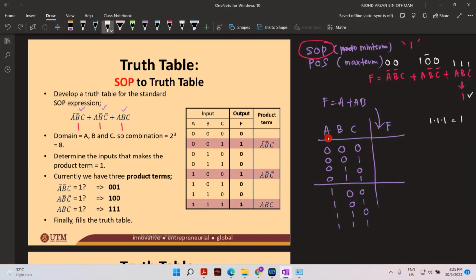B pun kosong. C 1. Sebabnya bila kosong bar dia akan jadi 1, and with 1 kamu akan dapat 1. So 0, 0, 1. That's why kita dapat macam ni. So this is the combination yang kita kena buat. From here kita dah dapatkan combination, so barulah kita match kepada truth table. Kamu tengok ni 001. So 001 kamu letak output 1.